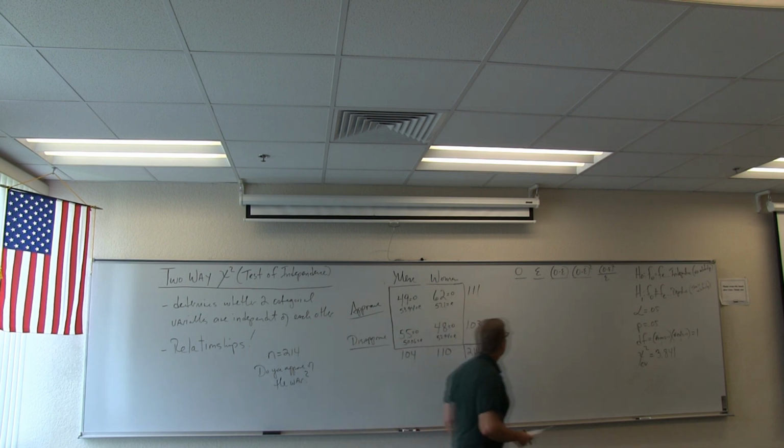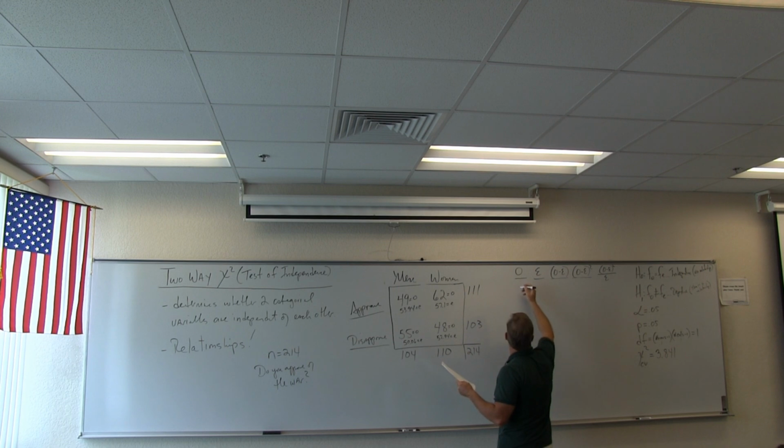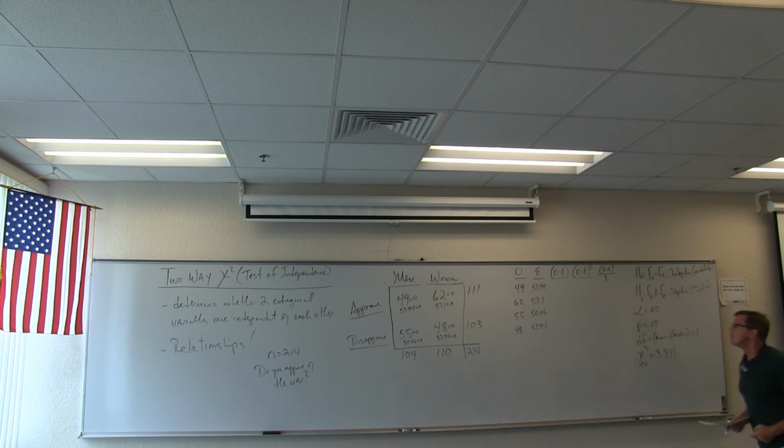Let's set up a little chart where we have O, E, O minus E, O minus E squared, and O minus E squared over E. We list the O's and E's, making sure that each E corresponds to its respective O. And then follow our nose, do what this thing tells us to do.